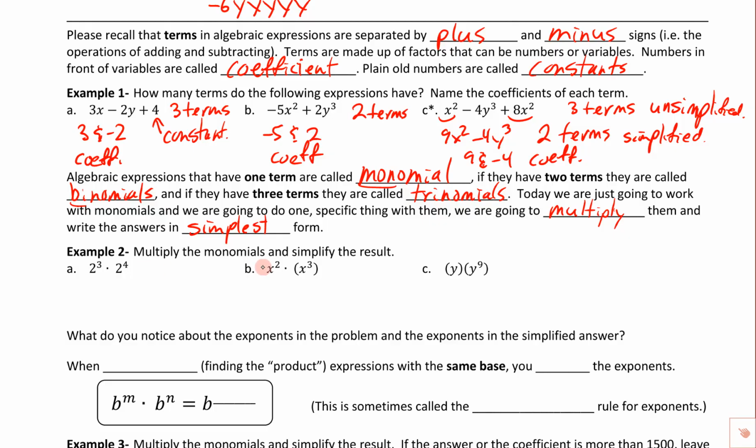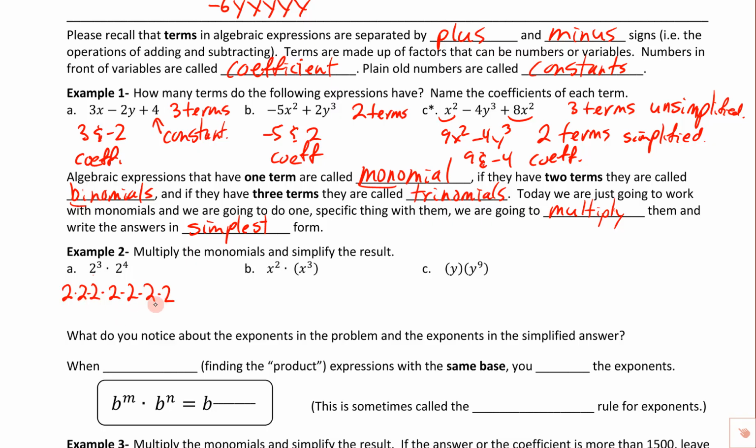So this one says multiply the monomials and simplify the results. Let's take a look at this. We've got 2 to the third times 2 to the fourth. So we've got some repeated multiplication here and some repeated multiplication here. So I'm going to write these in expanded form. This is going to be 2 times 2 times 2 times, got to have another 4 2's here. So there's our 2 to the third, and there's our 2 to the fourth.